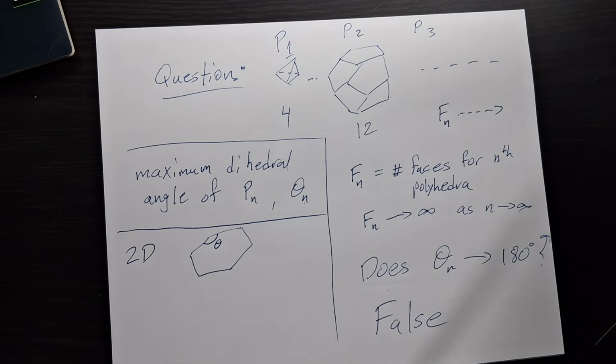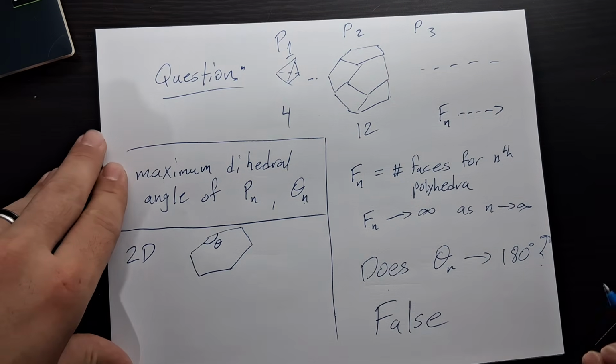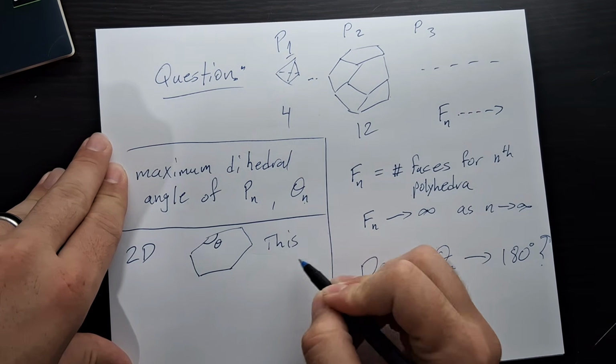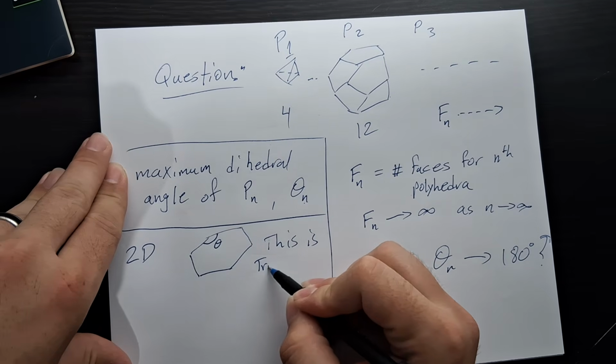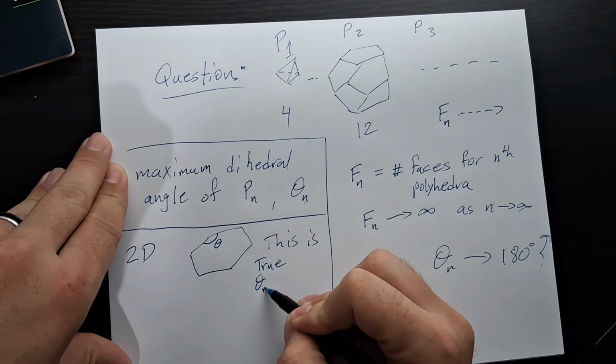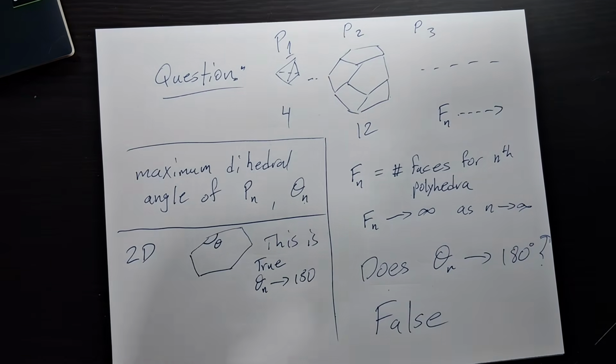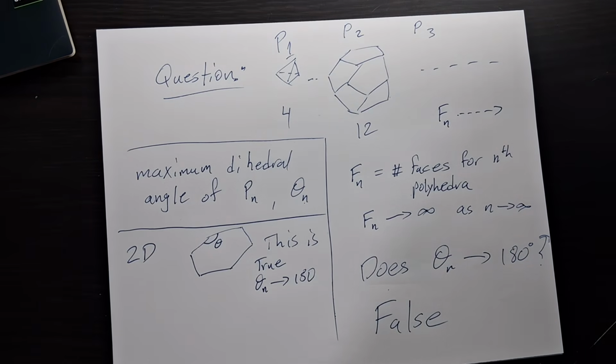As the number of faces of the polygon goes to infinity, that dihedral angle definitely goes to 180 degrees. In 2D, this is true. Theta n does go to 180. What happens in 3D? What goes wrong?